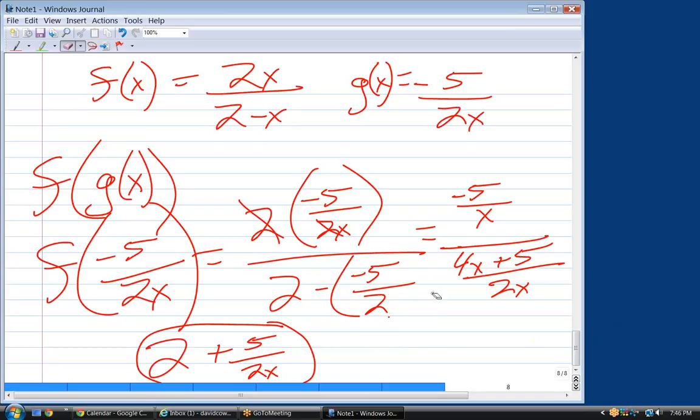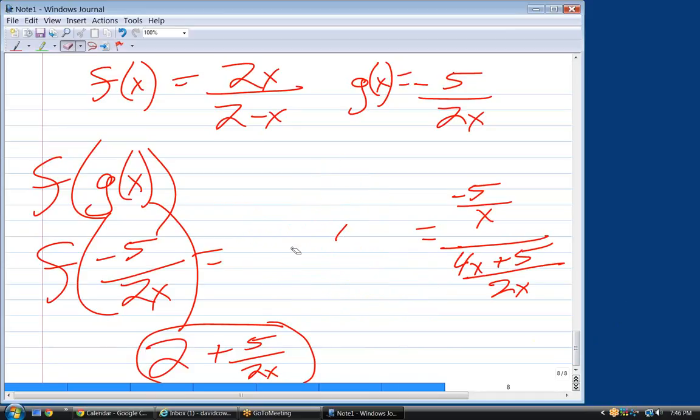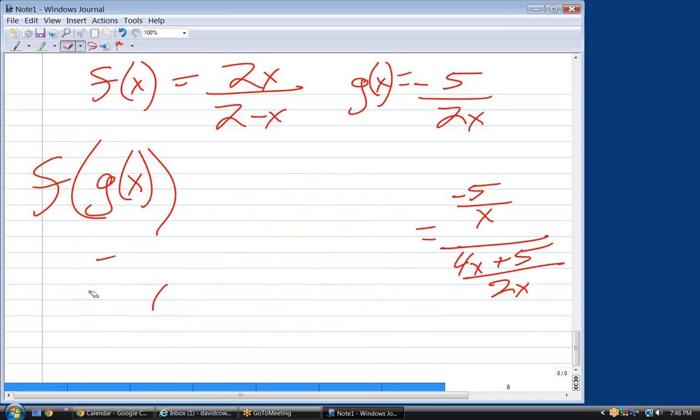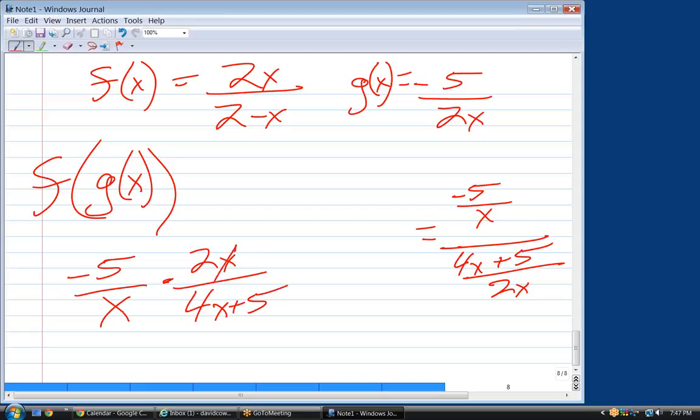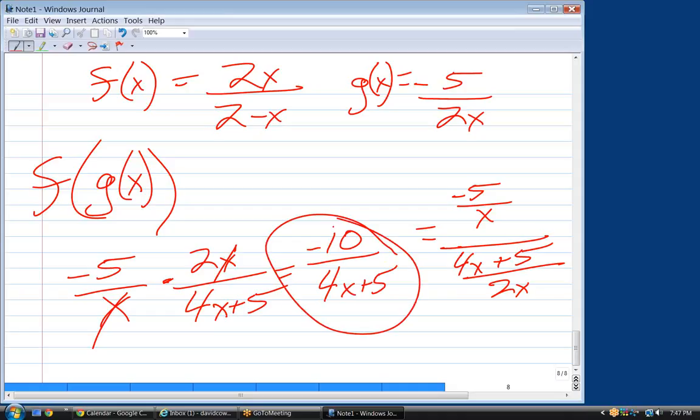You know what I mean? Flipping and multiplying? Yeah. In other words, I have minus 5 over x times 2x over 4x plus 5. Now that x cancels with that x, and I'm left with minus 10 over 4x plus 5. There's my answer. That is f of g of x.